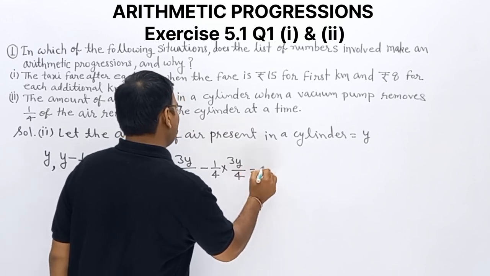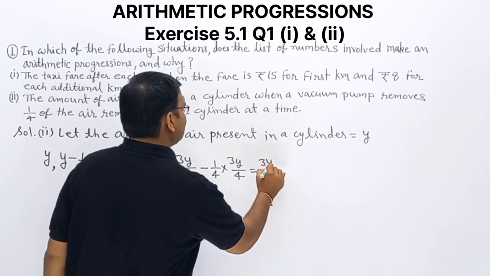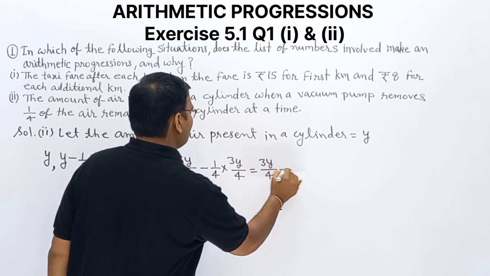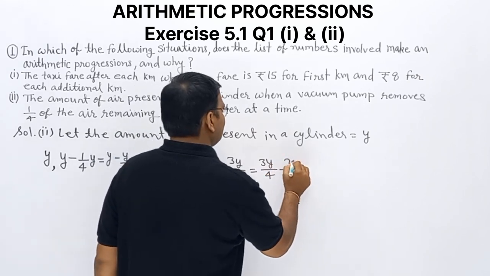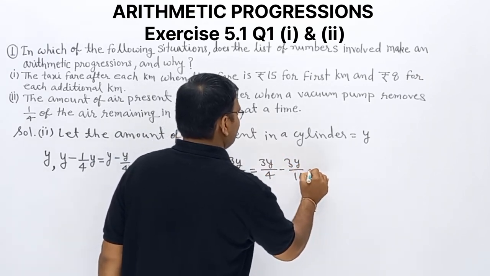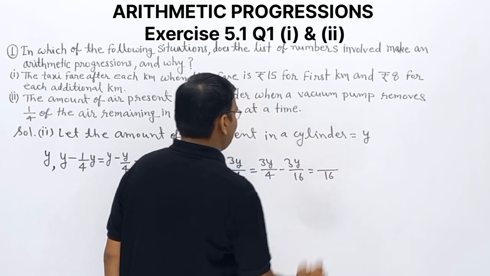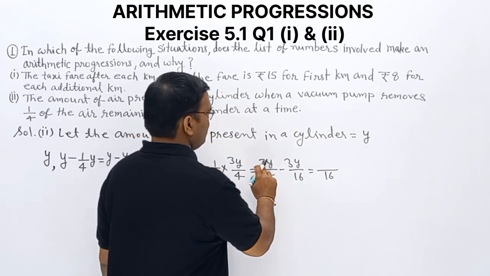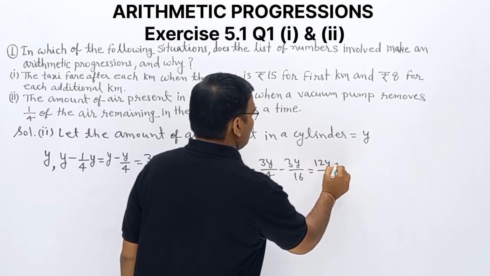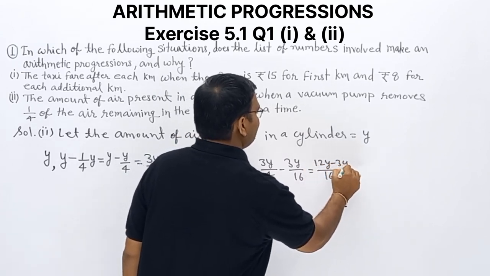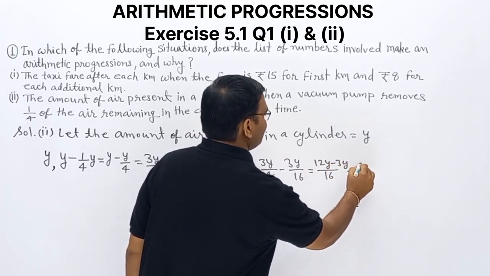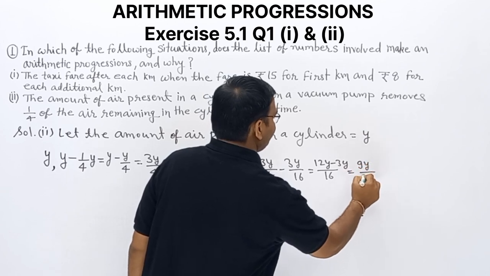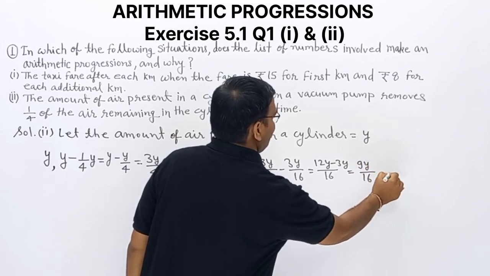Solve this. This can be written as 3Y upon 4 minus 3Y upon 16. Take LCM, 16 will be the LCM. It is going 4 times, 4 3s are 12. 12Y minus 3Y. What are we getting? 9Y by 16. And so on.